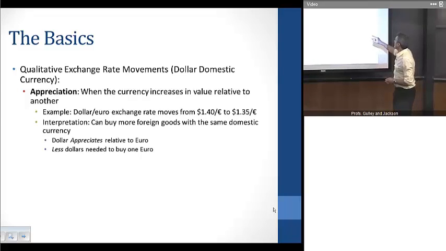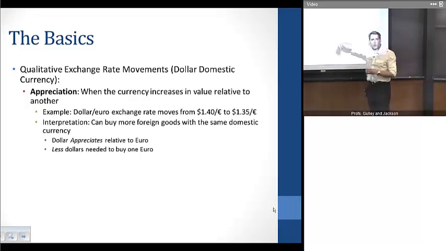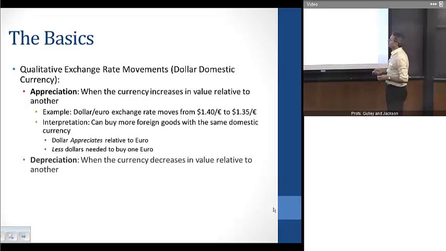The intuition is that it takes fewer dollars to buy the same amount of euros or euro-denominated goods as it did before. And so because of this, the interpretation is that we can buy more European goods with the same amount of currency that we had before. So in that case, we say that the dollar appreciated relative to the euro.